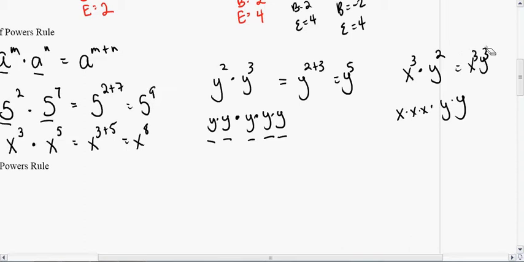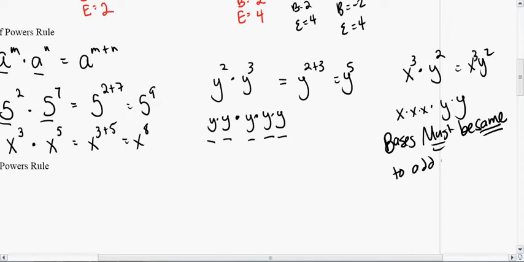Oops, that should be a y squared. So bases must be the same to add the exponents. That's something really important to notice. Bases have to be the same.